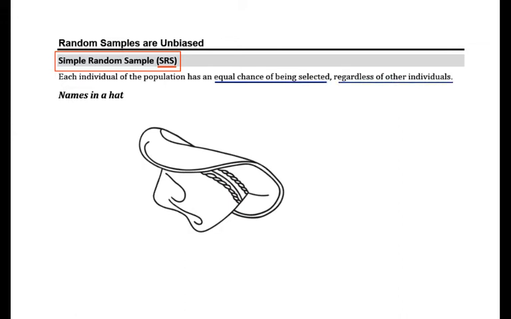So we'll take, for example, if we were to put the names of all US states in this hat, and then mix them up really well in the hat and draw out an SRS of size 4. And we usually use lowercase n for our sample size, so I'll just write this as SRS n equals 4.